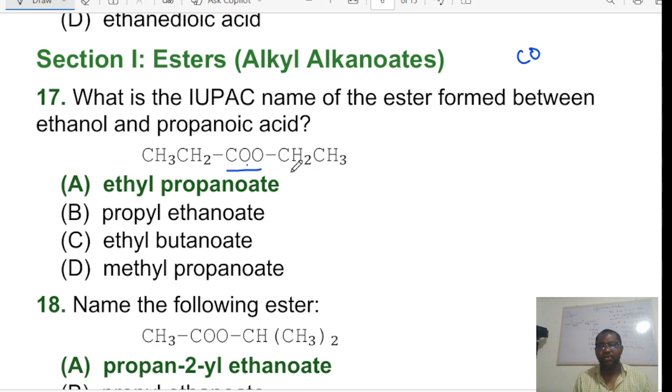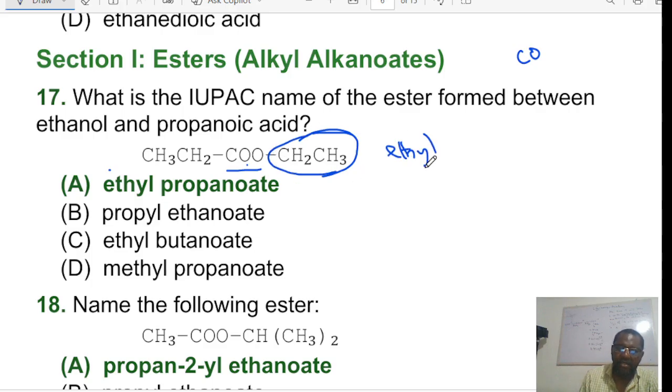And the way you name this compound is that you name the alkyl part first, the part after the COO, then the rest. Okay, because it is a derivative of carboxylic acid. So this name here is called ethyl. Then the rest is 1, 2, 3, propanoate. So ethyl propanoate.